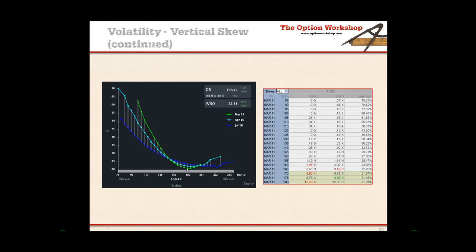You can see that the at-the-money, which is right here at this line, is volatility's at, I don't know what it is, 20% or something, and it starts to rise as you go out of the money. The calls stay cheap. When it's in the front month here, they start to rise a little bit, but for the most part throughout their life cycle, they're cheap and even cheaper than at the money a lot of the time.